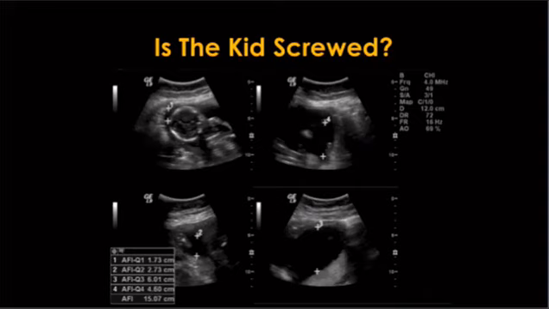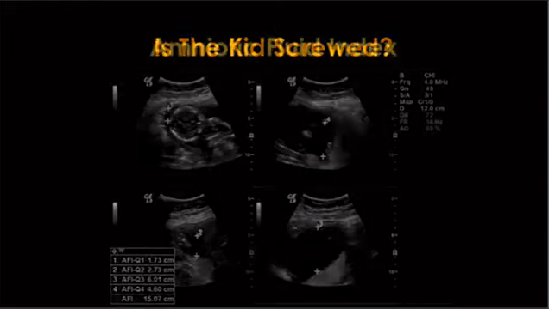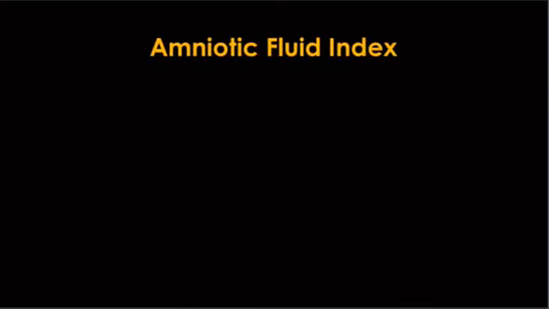So let's talk about this amniotic fluid index, because they could show you a picture just like this and ask, well, what is this? Or is this normal? Or what other associated anomalies might you think are going on? So the amniotic fluid index measures these different pockets of fluid. Early on, where does the fluid come from?